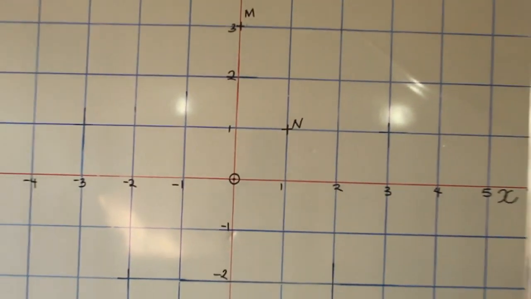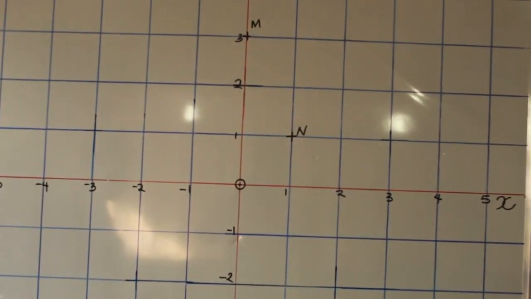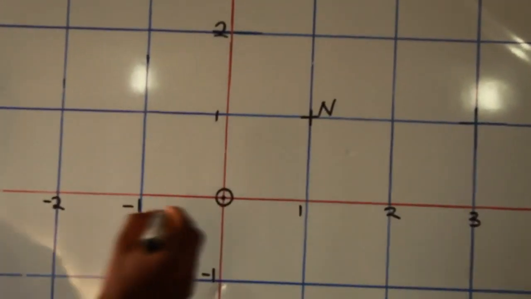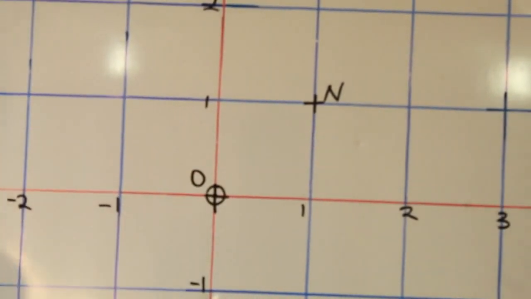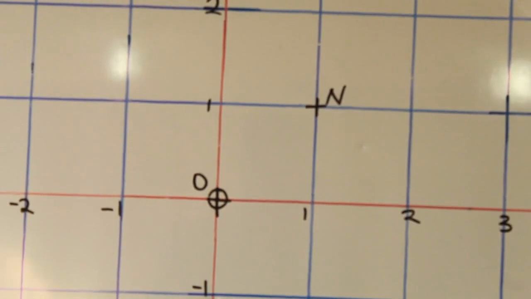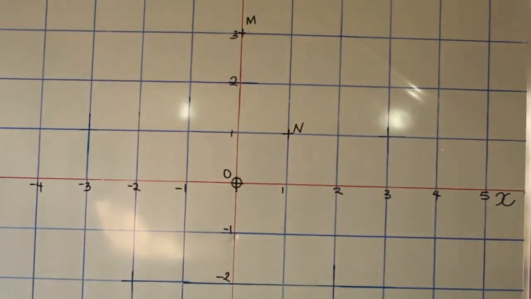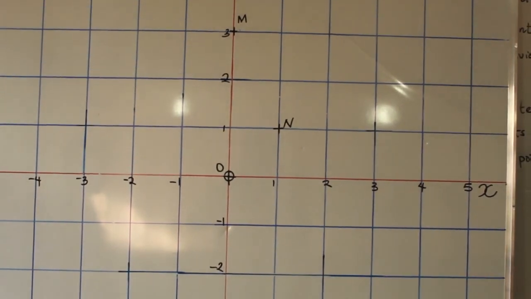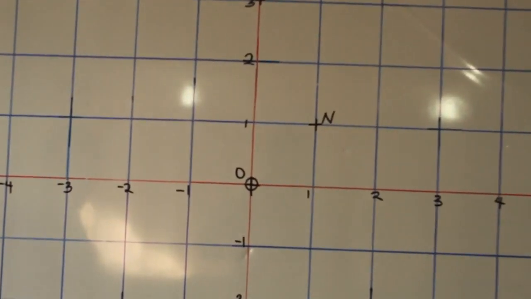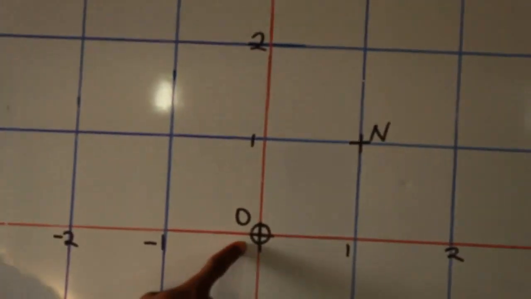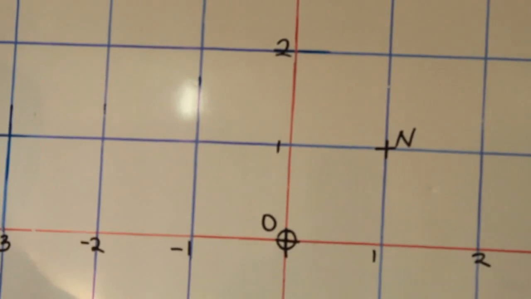The next is point O, and point O is (0, 0). That's our origin. So I'm just going to write O by the side. That's our point O. The next point is point P. Point P is (-1, 1). From the origin, minus 1, 1.